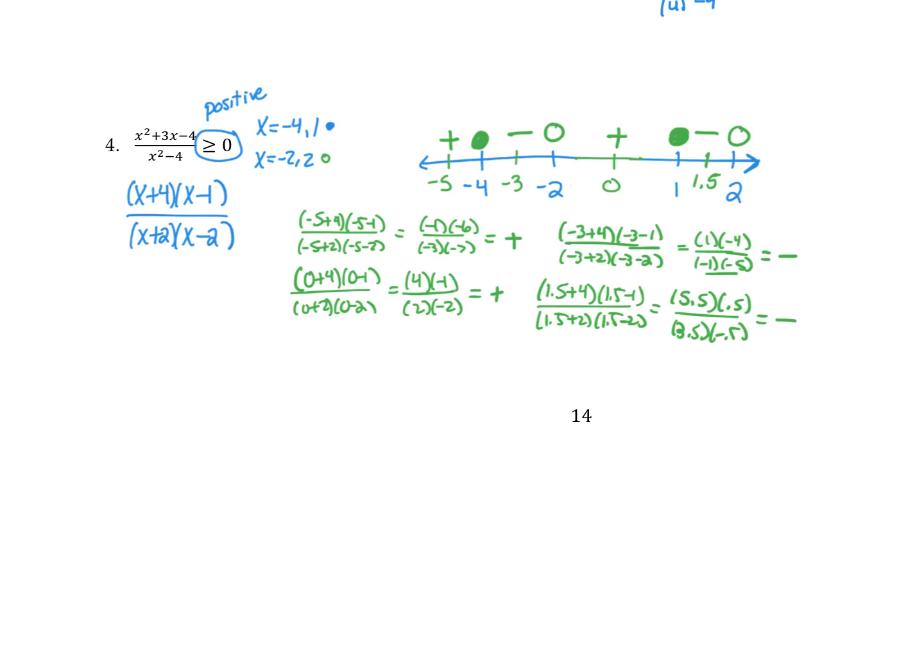So when I'm talking about this interval, I want everything that's positive, so it's going to be from -infinity to -4, including -4. Then from -2, not including, to 1, including. And then, oh, I forgot to test a point after 2.